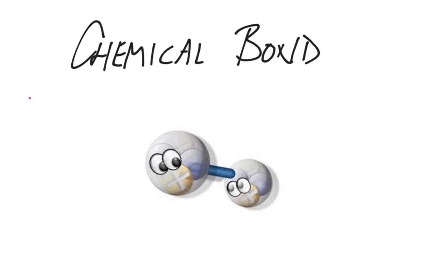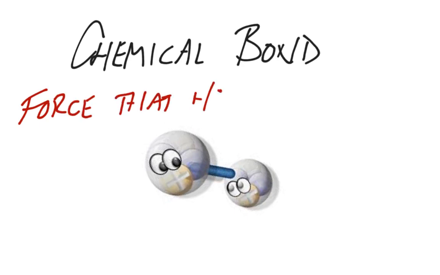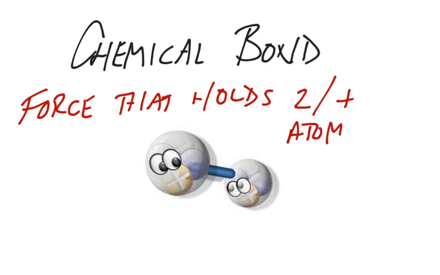A chemical bond is the force that holds 2 or more atoms together. We will discuss throughout this unit 3 different types of chemical bond: ionic, covalent, and metallic. All of them involve the interaction of the valence or the outermost electrons.